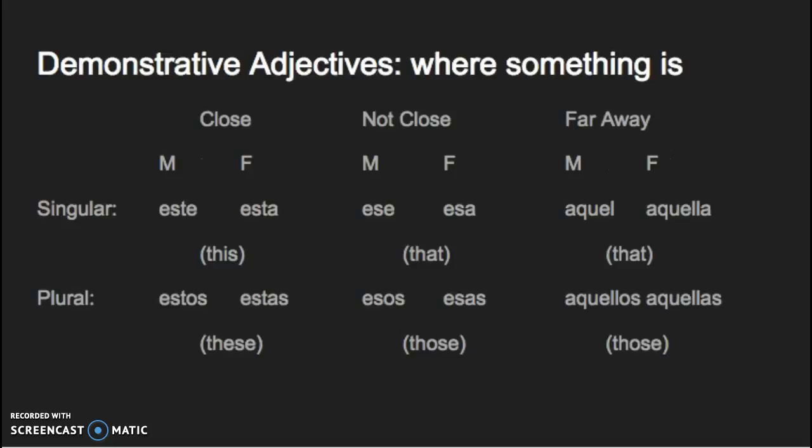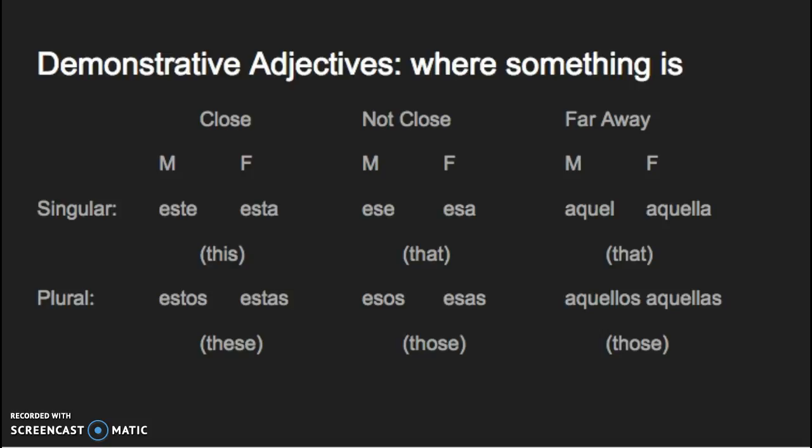This unit also talks about demonstrative adjectives. This is a little bit of a different subject. We're going to talk about demonstrative adjectives and then demonstrative pronouns. These are this, that, these, and those.